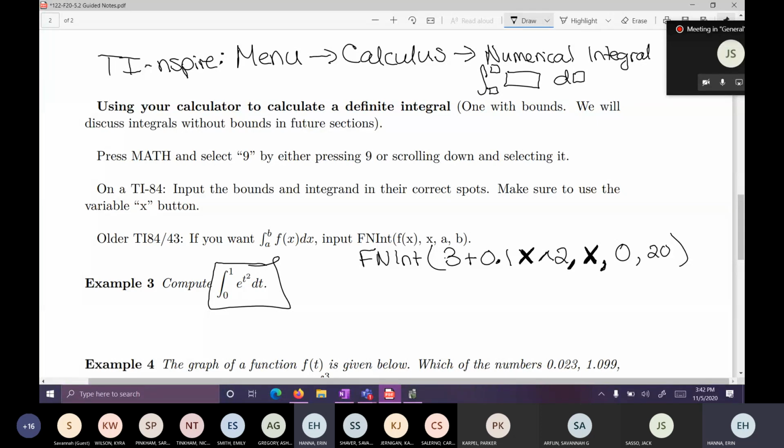But it'll make you happier. And if you have one that's not a TI Inspire or a TI-84, you can shoot me an email and I can Google it and figure it out. I just don't know how to do it on anything that's not a TI.